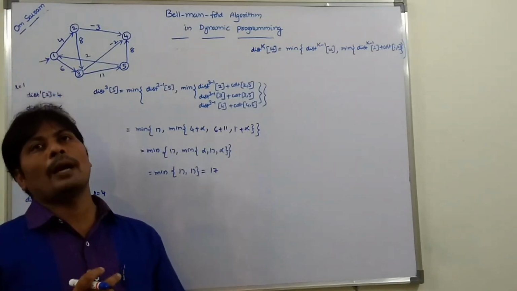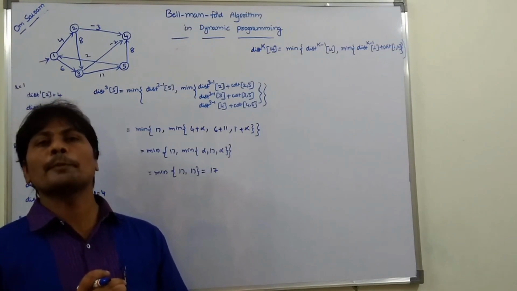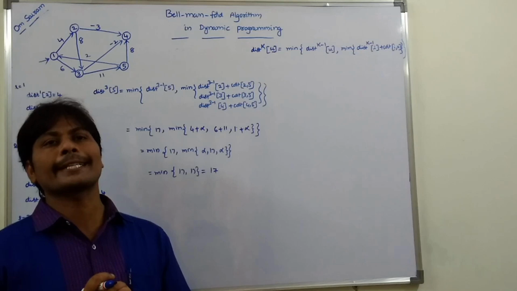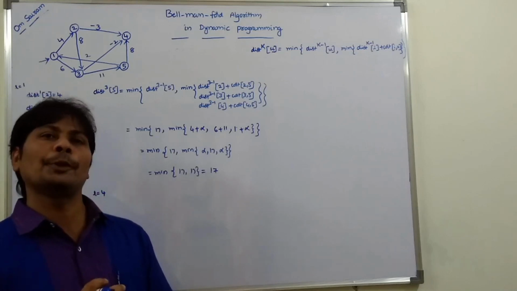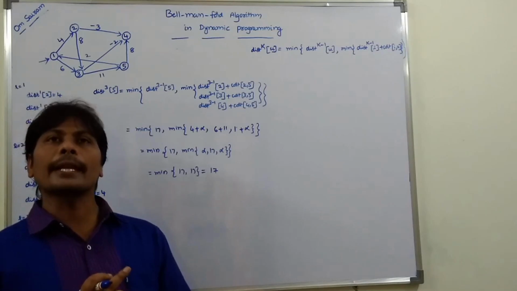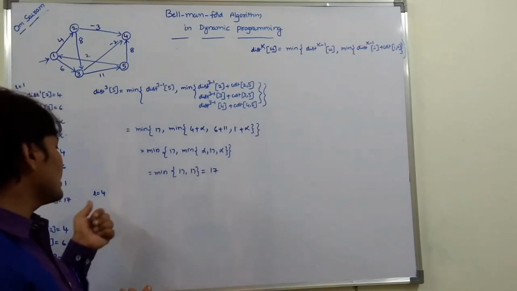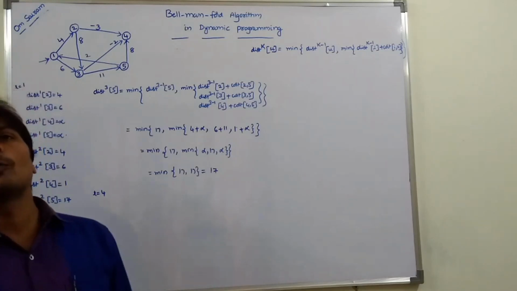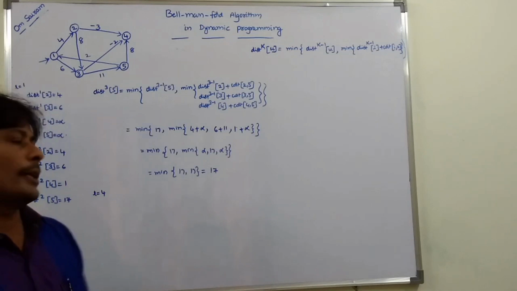So we have to find out the shortest path from source vertex capital V to destination vertex capital U by considering at most L number of edges. Here L is equal to 4 is nothing but we have to consider 4 edges.